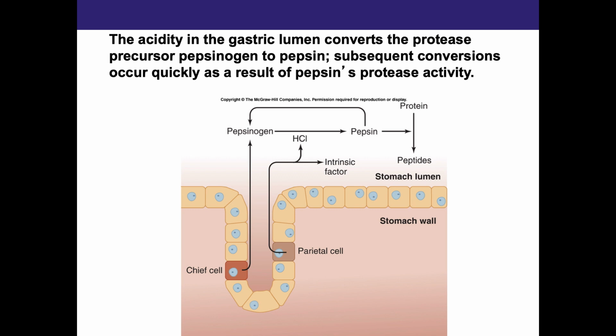All right. So the disease is called pernicious anemia, and it's caused by a lack of intrinsic factor that usually is secreted by the parietal cells.